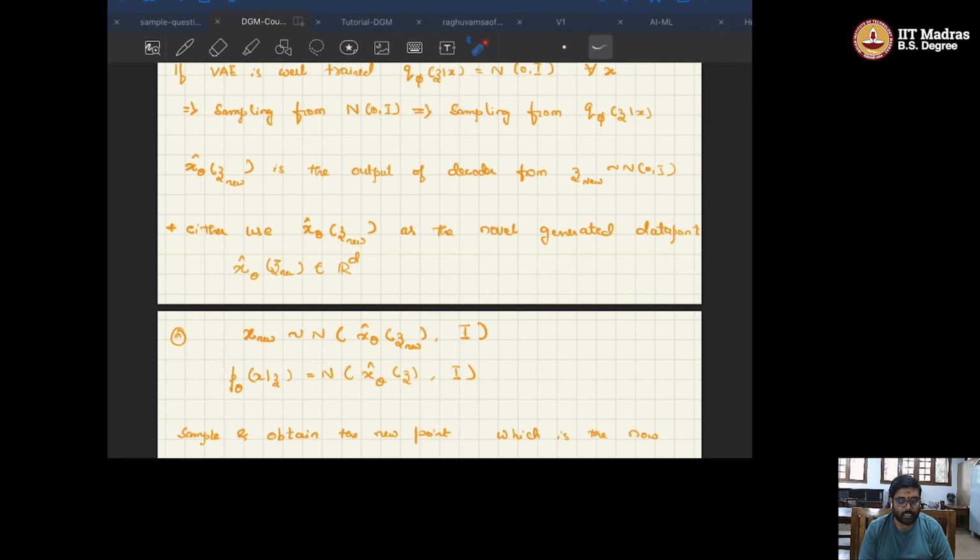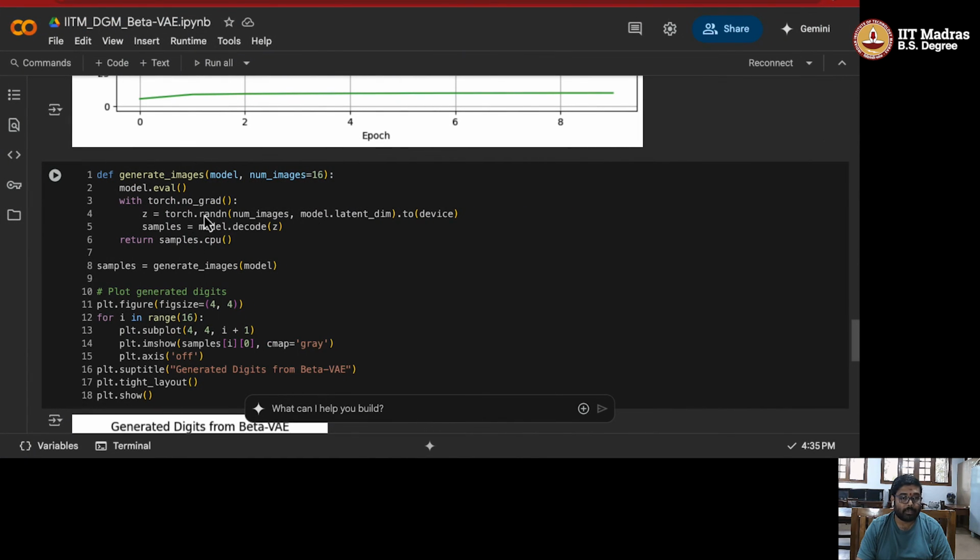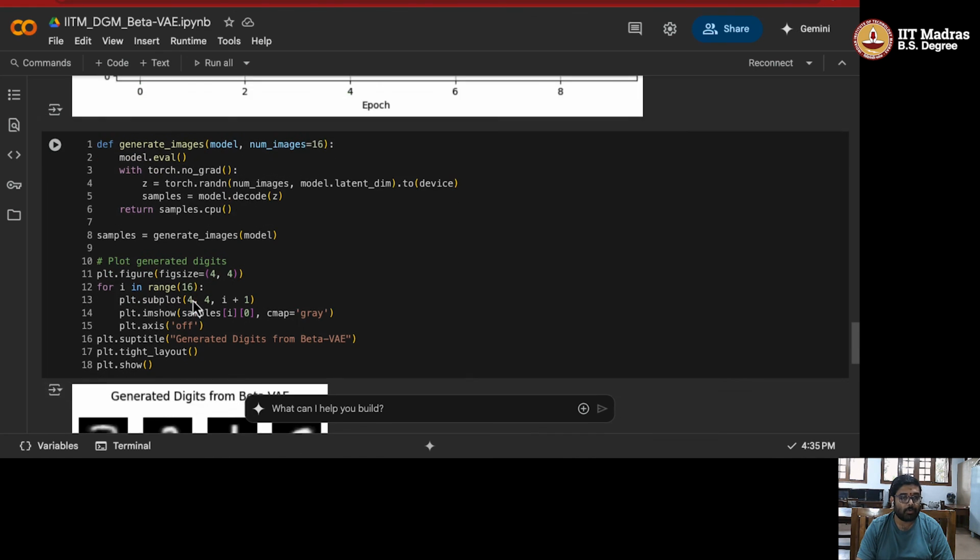In this current implementation, we are using this itself as the example. So you sample from 0,1. How many images you want and what is the latent dimension? This is your batch size and this is your latent dimension, which we have fixed as 20. Then you pass it through the decoder, and whatever comes, you port onto the CPU.